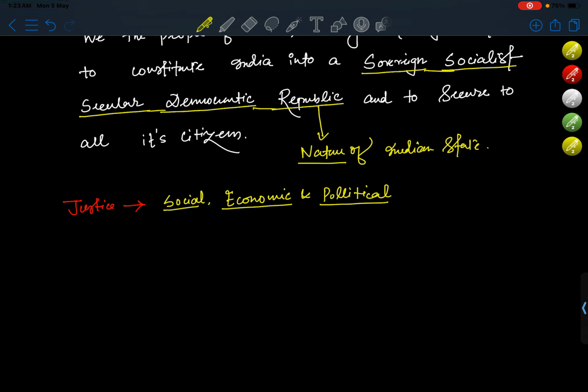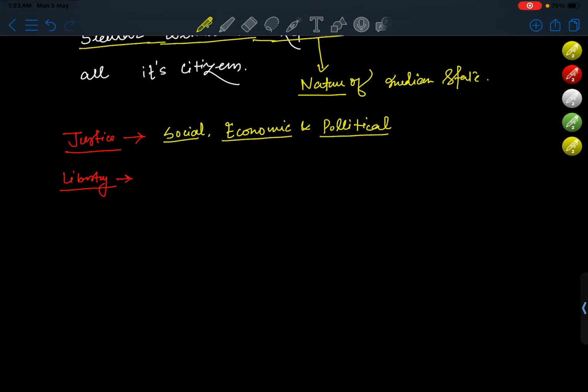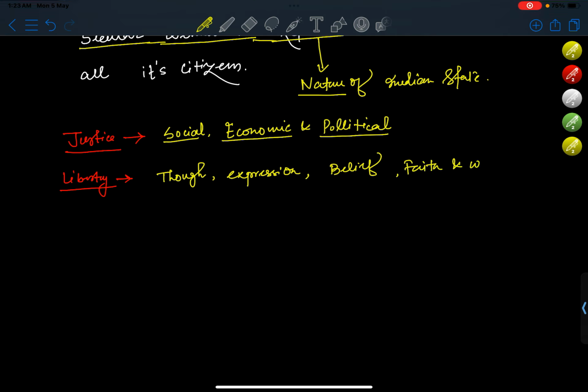Next, liberty. What kind of liberty is going to be enjoyed by the citizens? The liberty is going to be liberty of thought, expression, belief, faith, and worship.